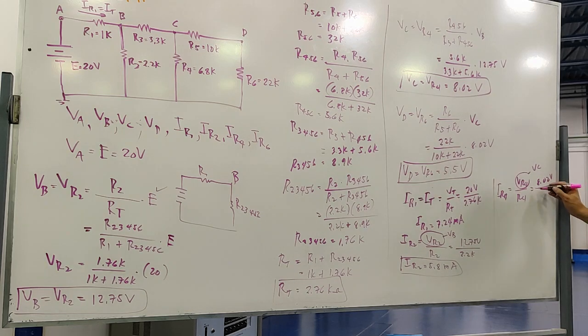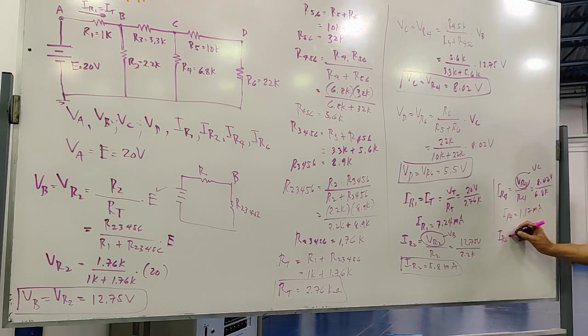R4 is 6.8 kilo. So IR4 here is equal to 1.17 milliampere.